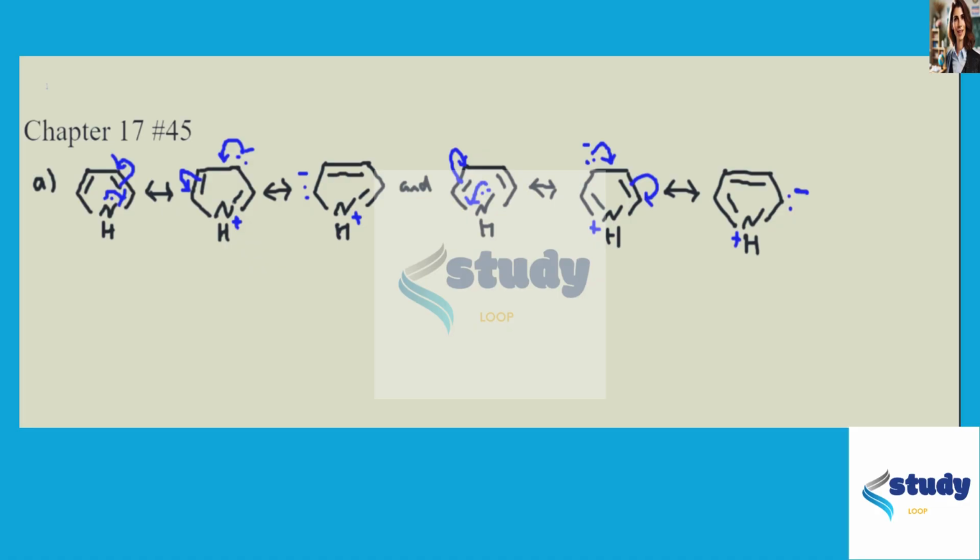And so pyrrole is less resonance stabilized than benzene because all of these resonance structures, other than the starting pyrrole, have charges. And so it's the presence of charges. Charges are less stable resonance structures.